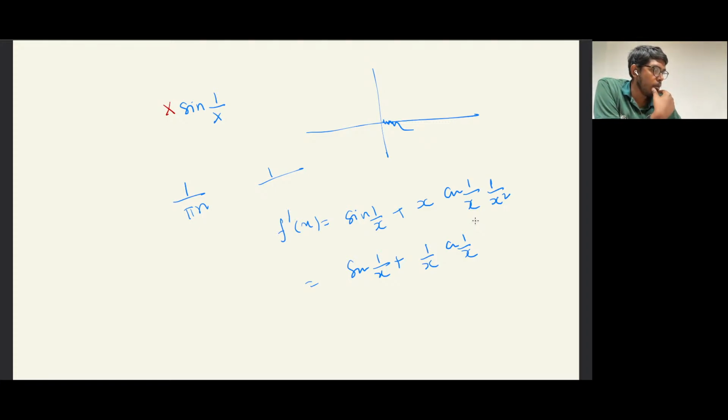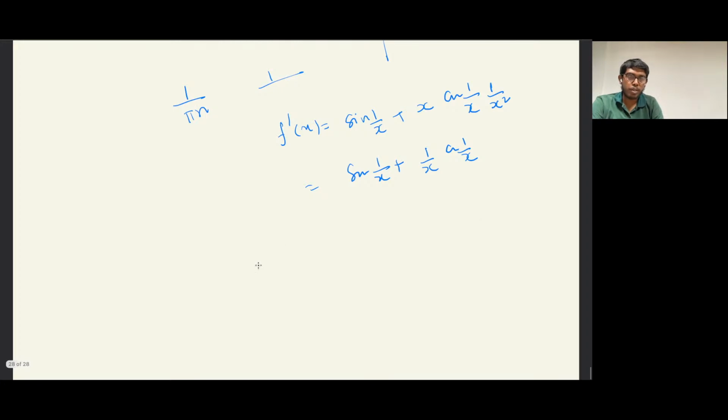So do you have any thought? I guess you are right. This is uniformly continuous because if you plot it near zero, although the damping is very fast, the amplitude of the damping is near about zero. So you are right that it is indeed uniformly continuous, but I'm thinking about why.